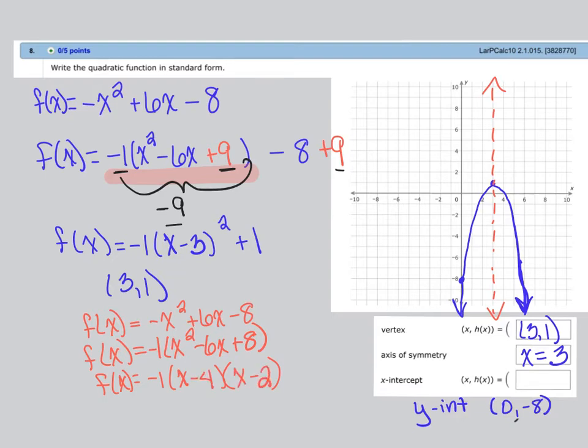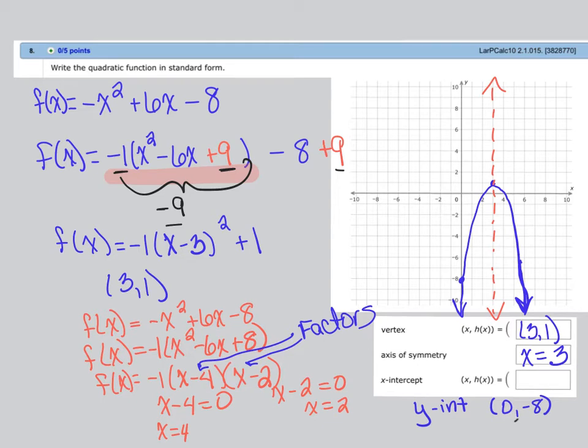Now, some terminology that I want you to start getting used to. These right here are factors. X minus 4 and x minus 2, those are factors. I am going to set each one of them equal to 0, and I am going to get a solution.